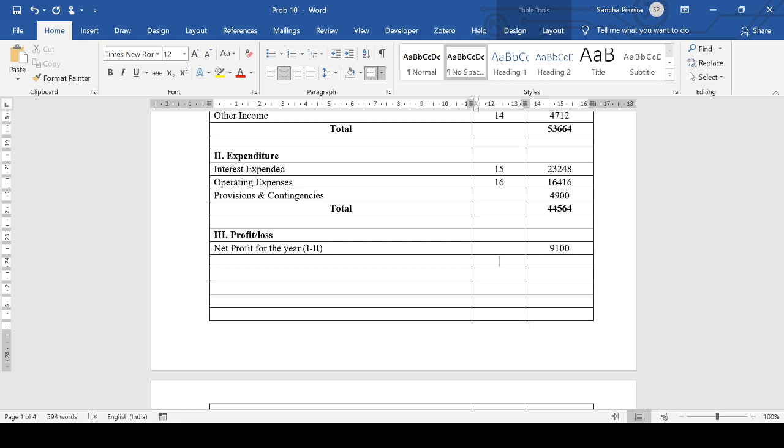They've given it to us as profit and loss account, which is last year's balance, or we'll call it profit brought forward actually. How much is that? 3,500. So the total here comes to 12,600.